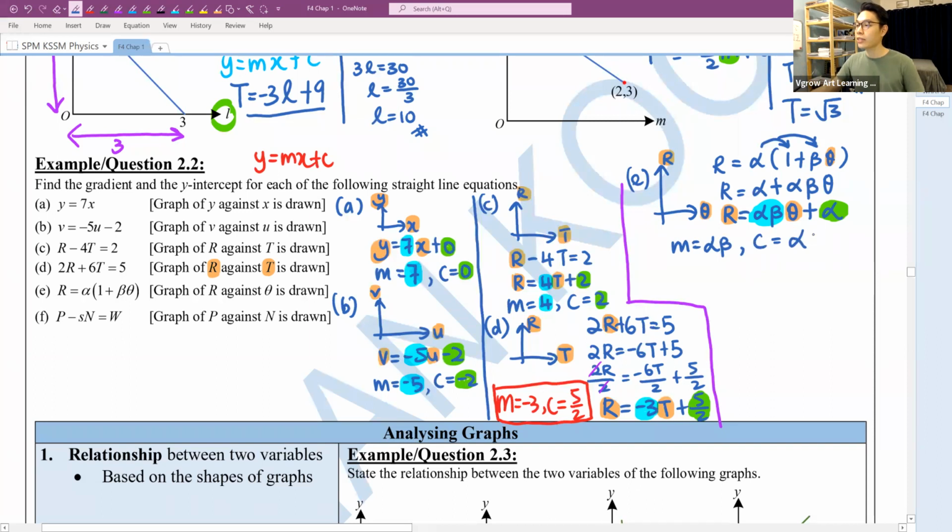Again, this question just a bit different, just trying to practice how we arrange things into y equals mx plus c. Sometimes you might not get numbers. Okay, and then last one, f.